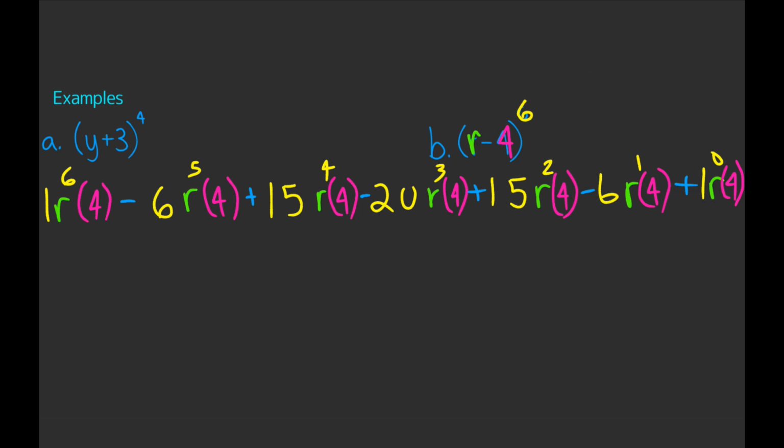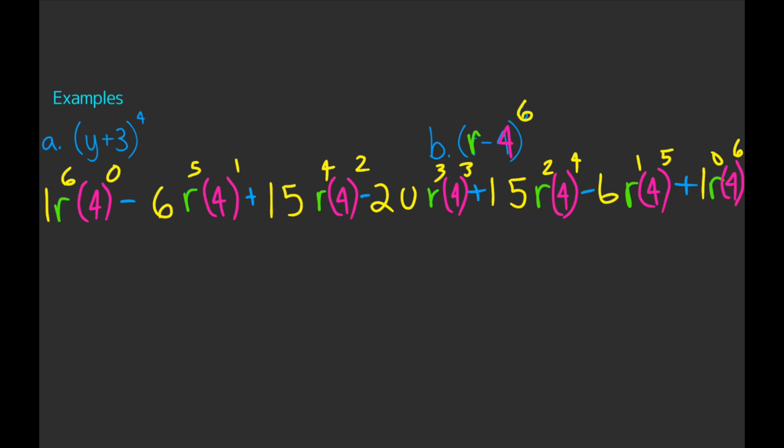Moving on to our 4, which is our constant. Do you remember the exponent of the constant for the first term? Right, it's going to be our minimum, which is 0. So we're going to start with 0 and then increase. So 0, 1, 2, 3, 4, 5, 6.